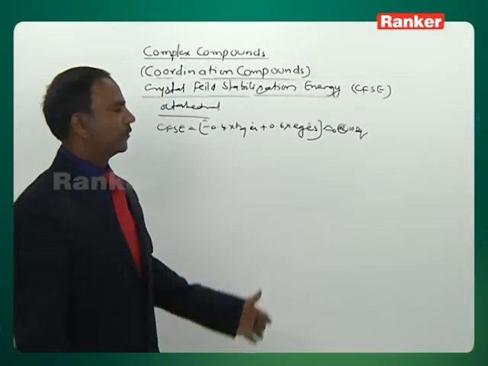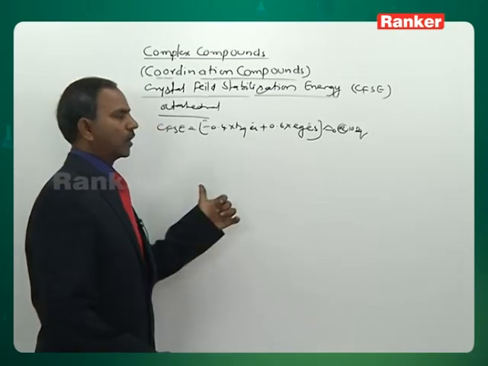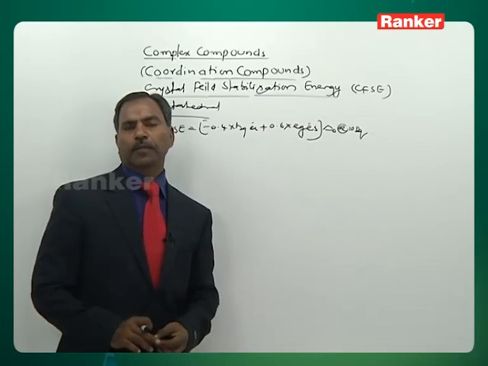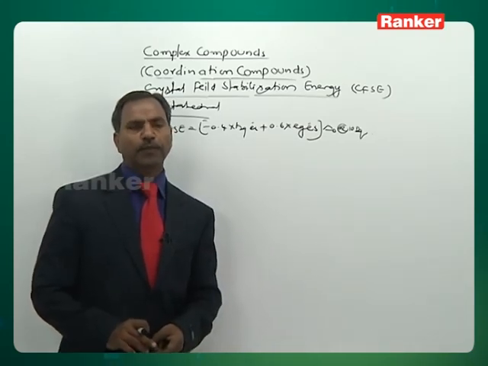This is the equation for calculation of CFSE for octahedral geometry: CFSE equal to minus 0.4 into t2g electrons plus 0.6 into eg electrons.